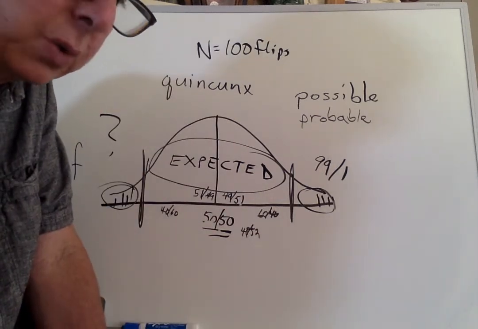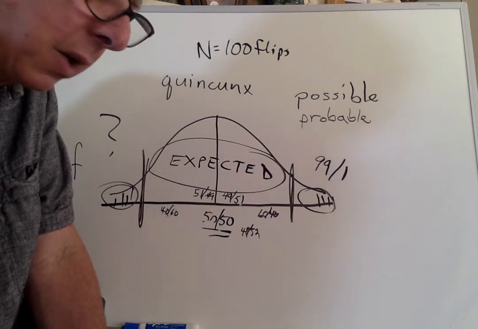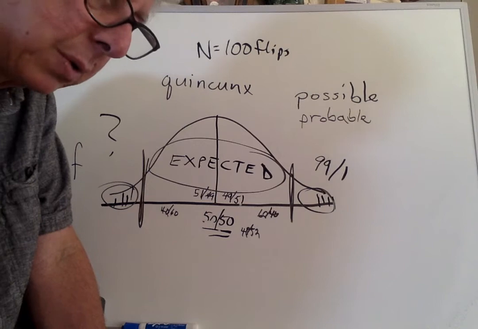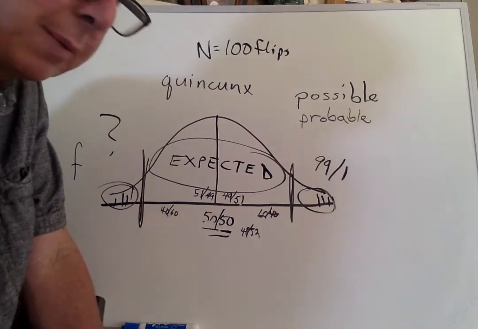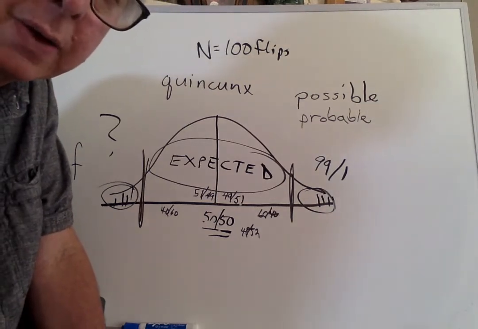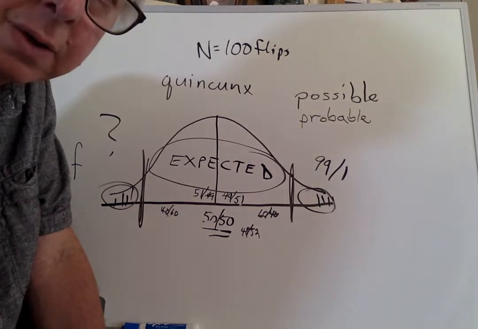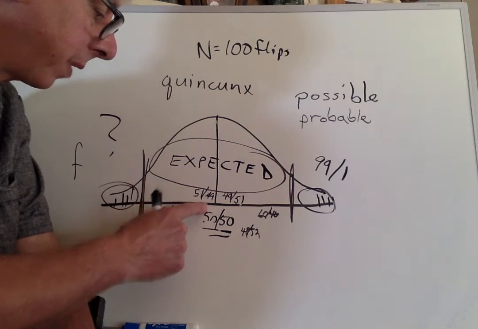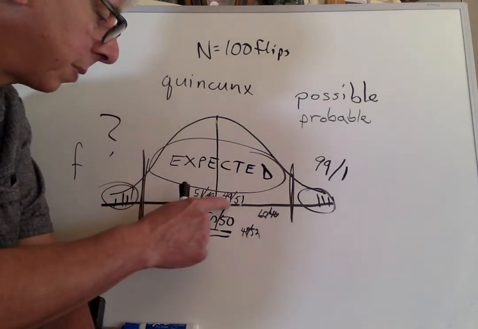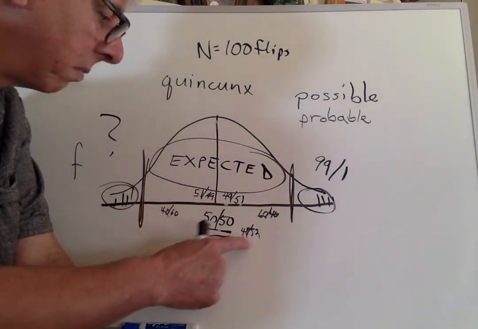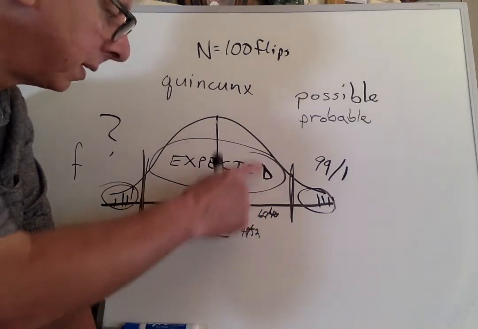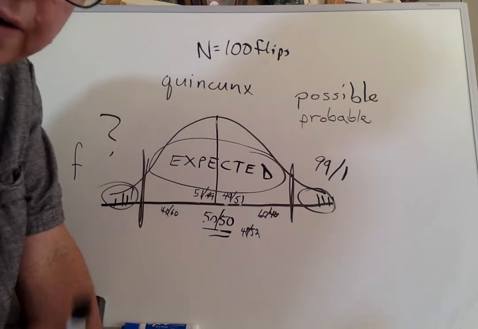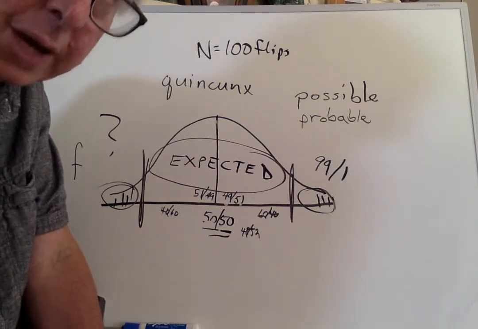Okay? So I'm not going to make my bets on whether something is possible, whether it could happen. I'm going to try to make my bets on the most likely outcome, what's expected. This is the most likely outcome. This is pretty high. This is not a bad outcome, okay? But at some point, enough's enough, okay?